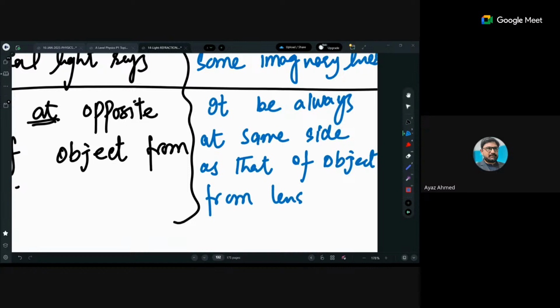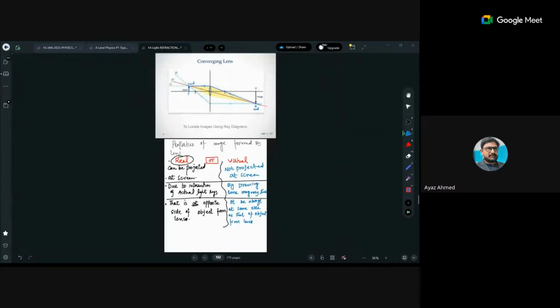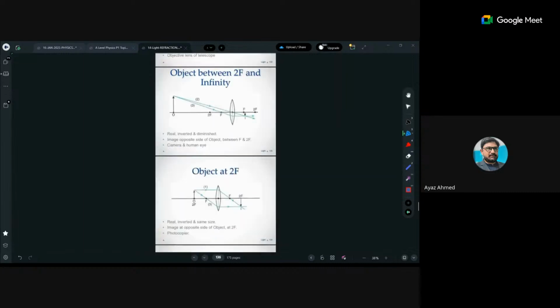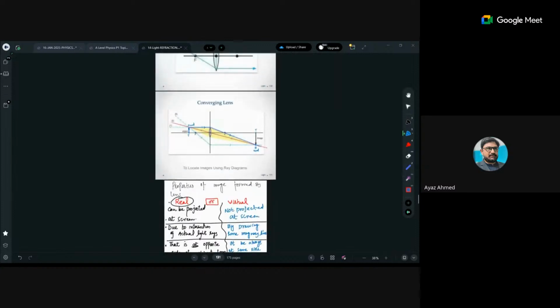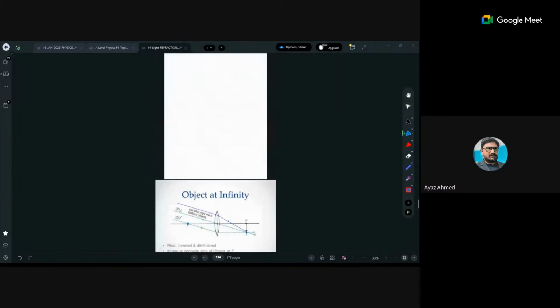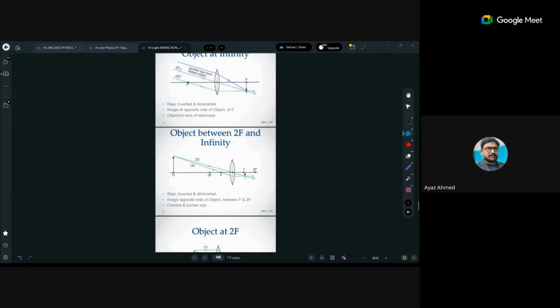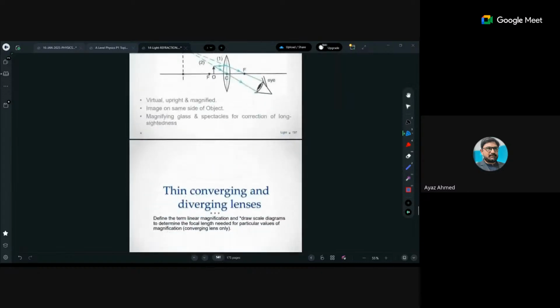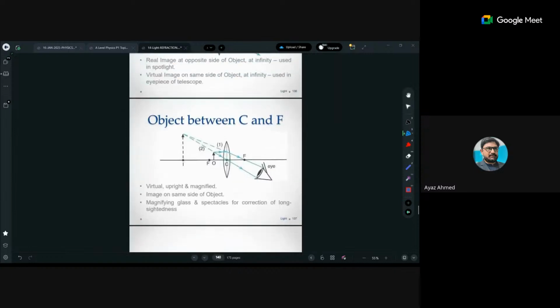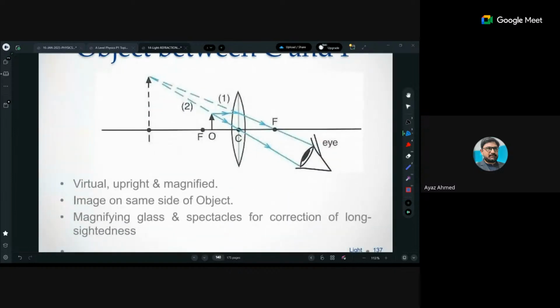Yani both will be on the same side of the lens. I will show you one of them. Did you see? The object and image both are on the same side.